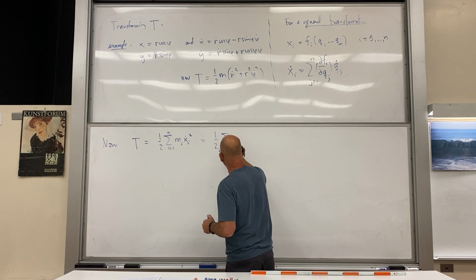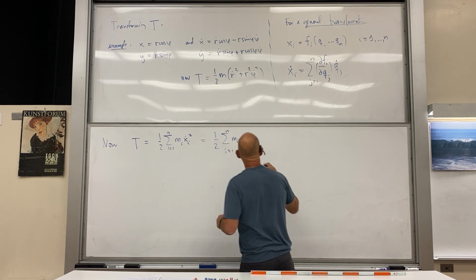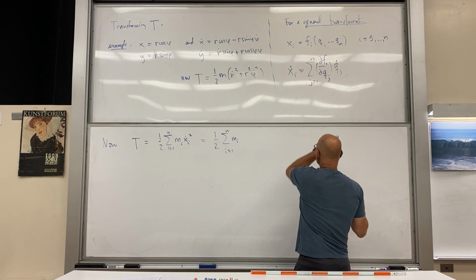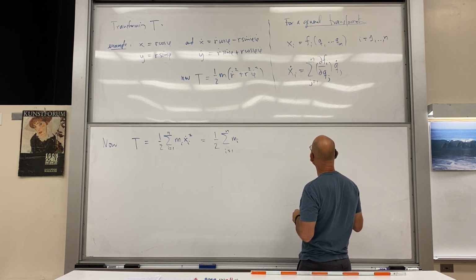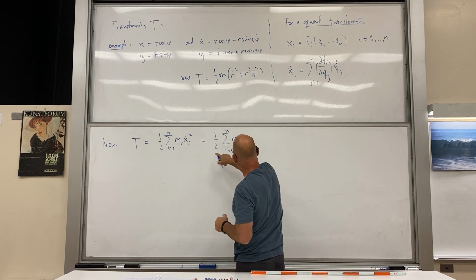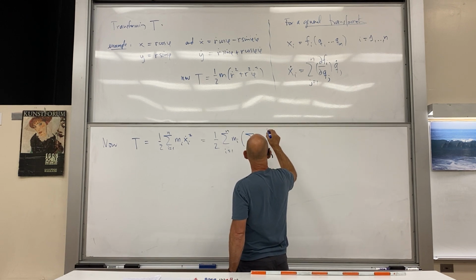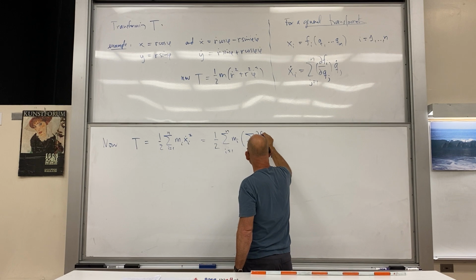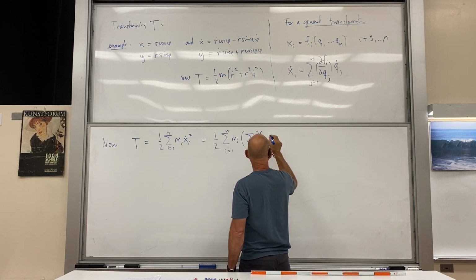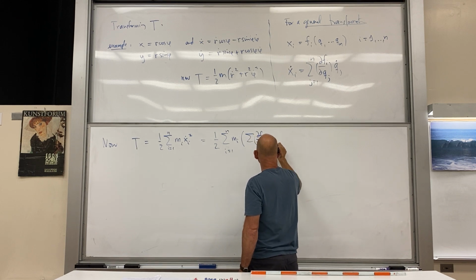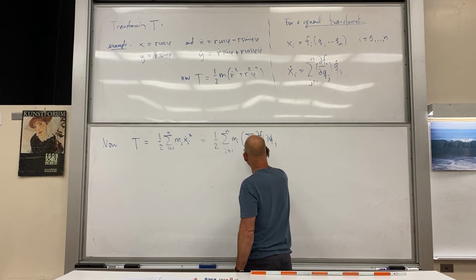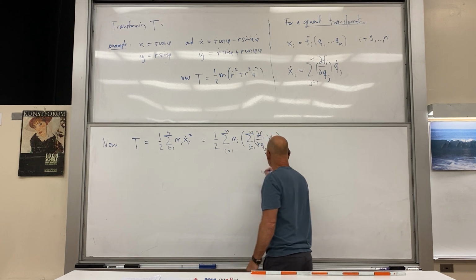We've got a sum i equals 1 to n, m sub i. And now we're going to use different subscripts, and we have to square this, so we have the x i dot squared. The way we're going to square this is the following. First I'll write df sub i dq sub j, q sub j dot, j equals 1 to n.